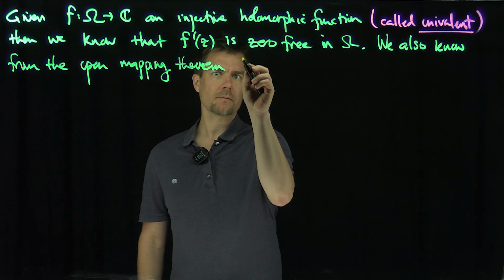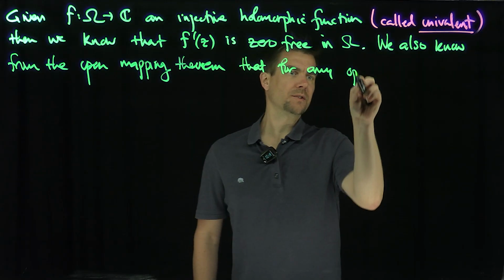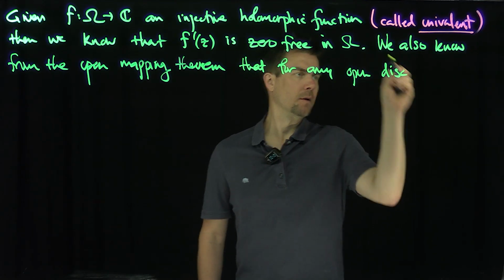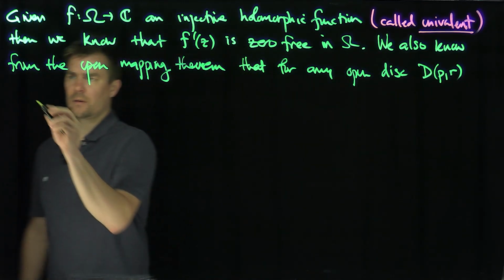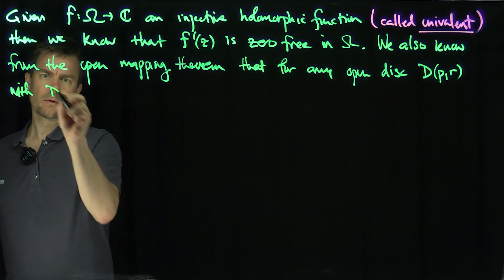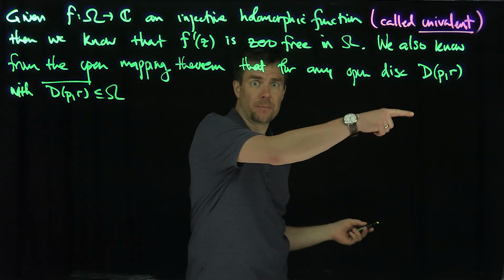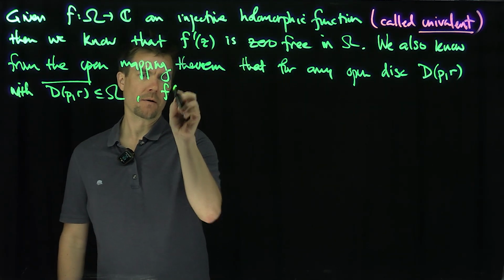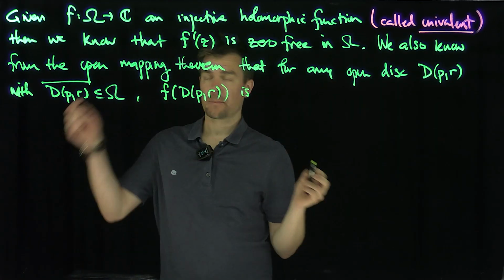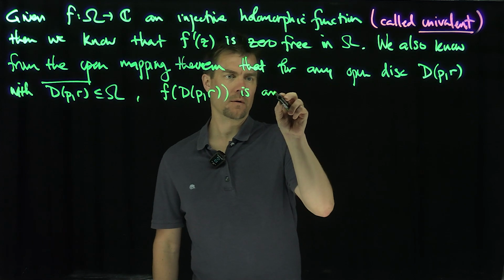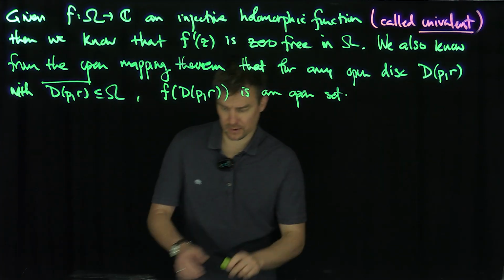That for any open disk D(P, r) with its closure contained in omega, f of D(P, r) is an open set. Then f of D(P, r) is an open subset of the image. That's the situation we're going to consider.